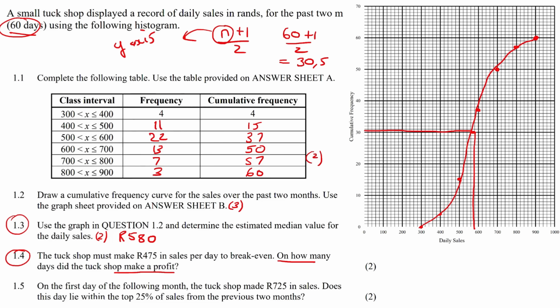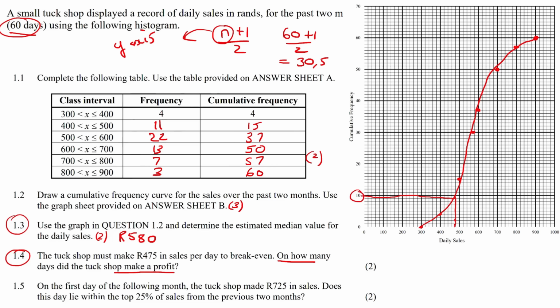So what we rather do is we go to our graph, and we go to 475, which is, that's 420, 440, 460, 480. So 475 would be somewhere like there. You would then use your ruler and nicely go up, and then go across. And when you go across, if you've done it accurately, you should come out here at exactly 10.